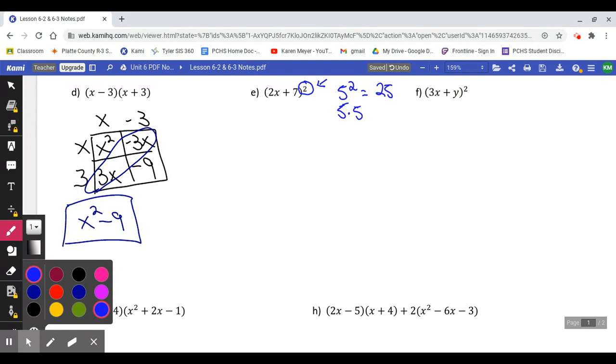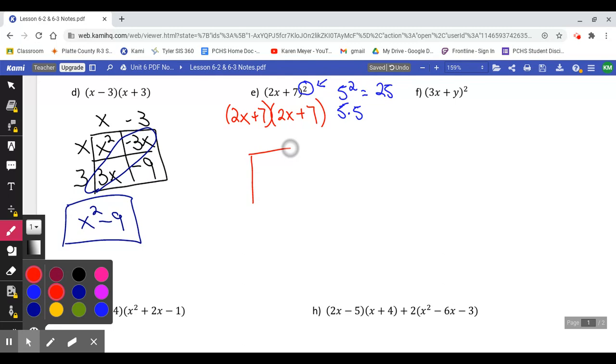So that little power of 2 meant that I had 2 5s. So carry that philosophy over here to our problem, and that little power of 2 means I have 2 of the same parentheses. So I'm going to think of it as being 2x plus 7 times 2x plus 7.